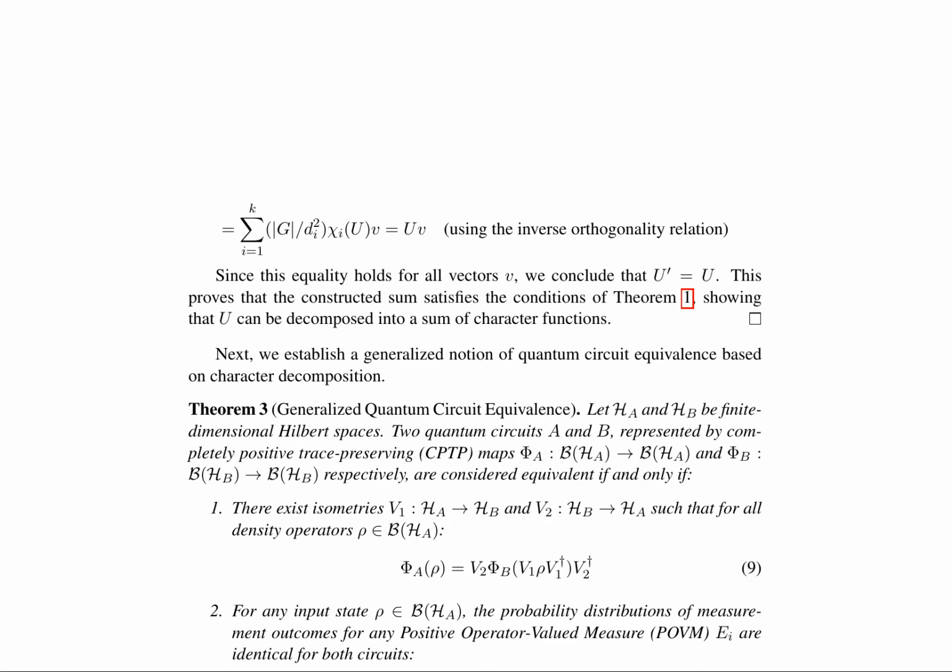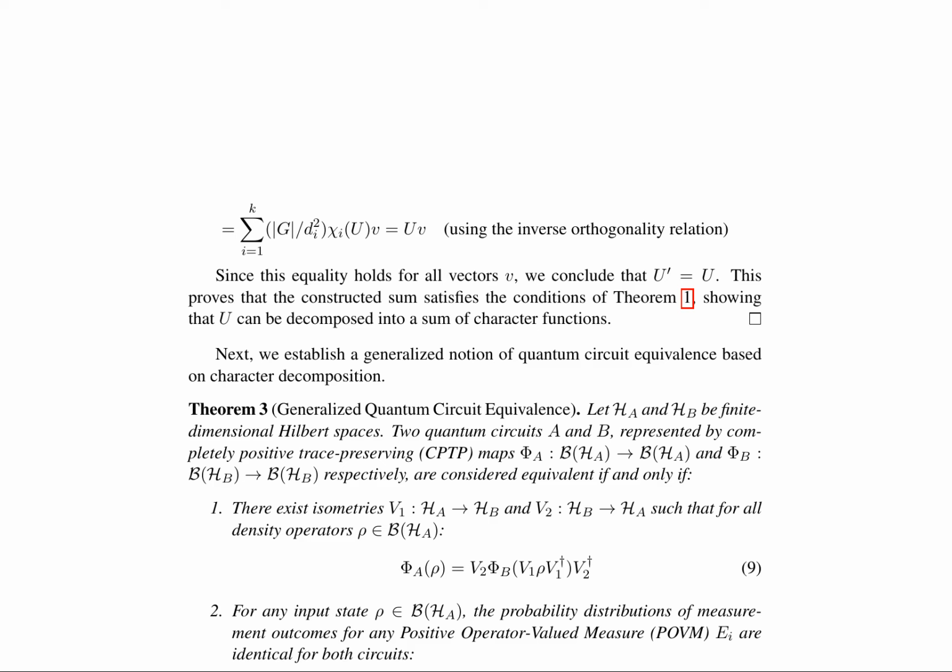Decomposition of unitary operators into character functions, chi, is achieved using the inverse orthogonality relation, satisfying the conditions of Theorem 1. This decomposition enables a generalized notion of quantum circuit equivalence based on character decomposition. Theorem 3 states that two quantum circuits, A and B, represented by completely positive trace-preserving maps phi A and phi B, are equivalent if and only if three conditions are met.